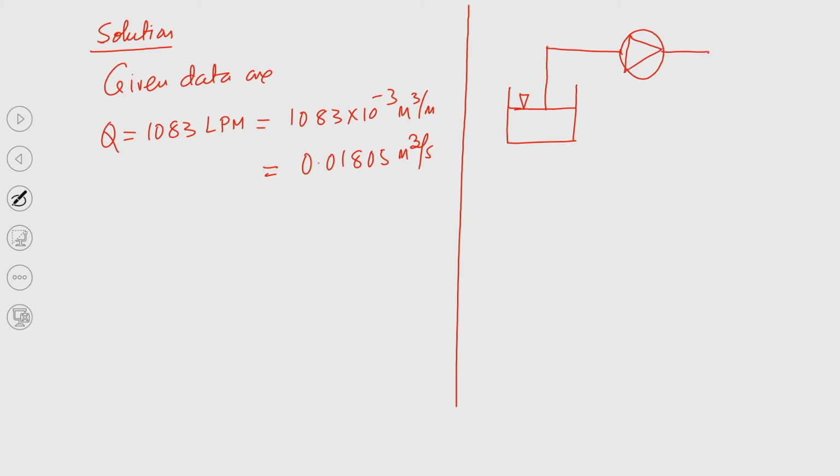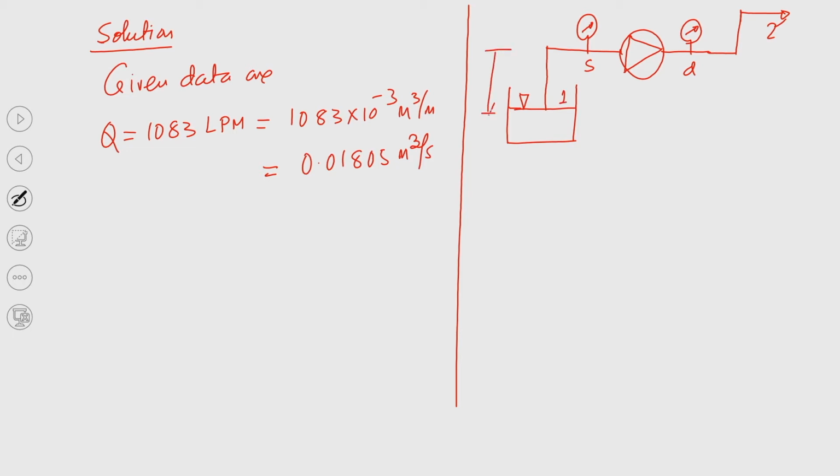So, this is basically the testing circuit. We have one suction pressure gauge and delivery pressure gauge, right. This is the point S, this is the point D, and this is the point 2 wherein liquid is getting discharged, and this is the point 1.